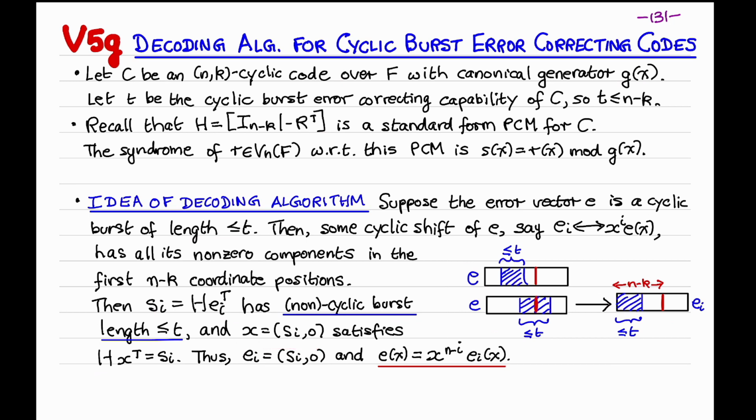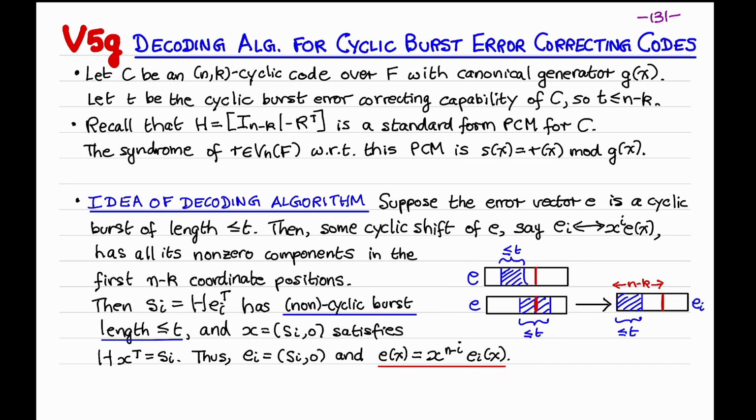This vector x is a cyclic burst of length at most t. And hence, since a coset of C can have at most one cyclic burst vector of length at most t, it follows that E_i must equal x. In other words, the shifted error vector E_i is S_i, which is a vector of length n minus k, followed by a vector of k zeros. Once we learn E_i, we can recover E by shifting E_i n minus i positions to the right.